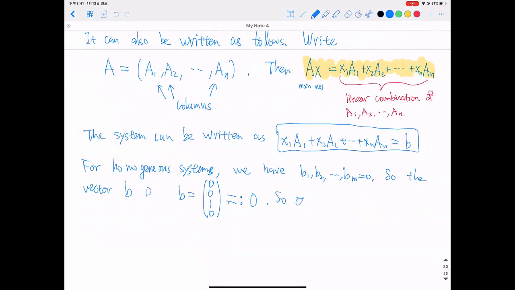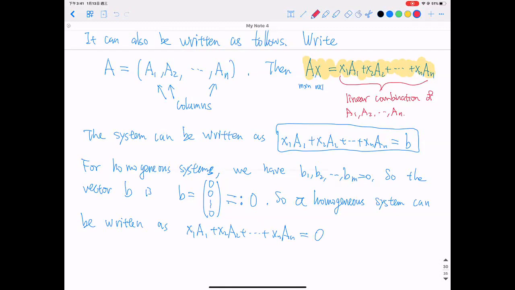So a homogeneous system can be written as x1 a1 plus x2 a2 plus xn an equaling 0.